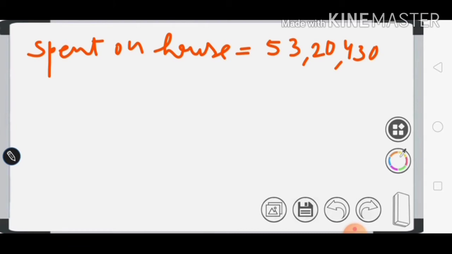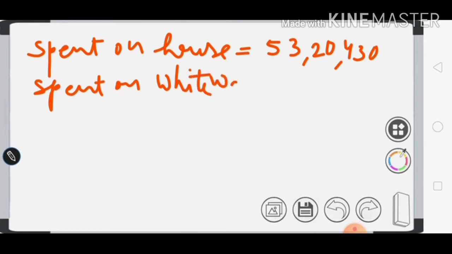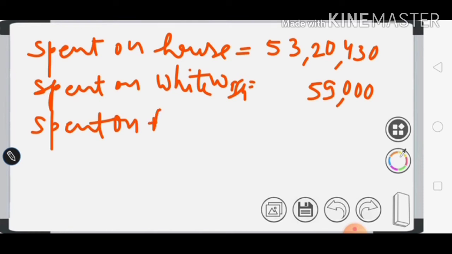Again, money spent on whitewash is equal to 59,000. And spent on furniture, so it is 11,20,290.